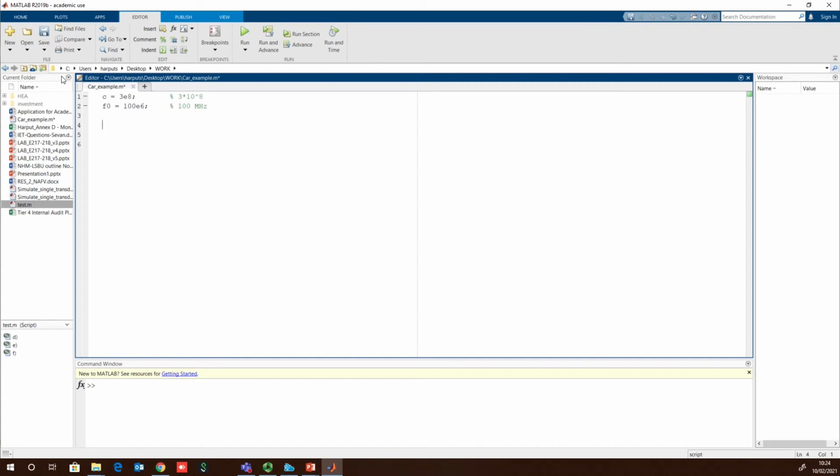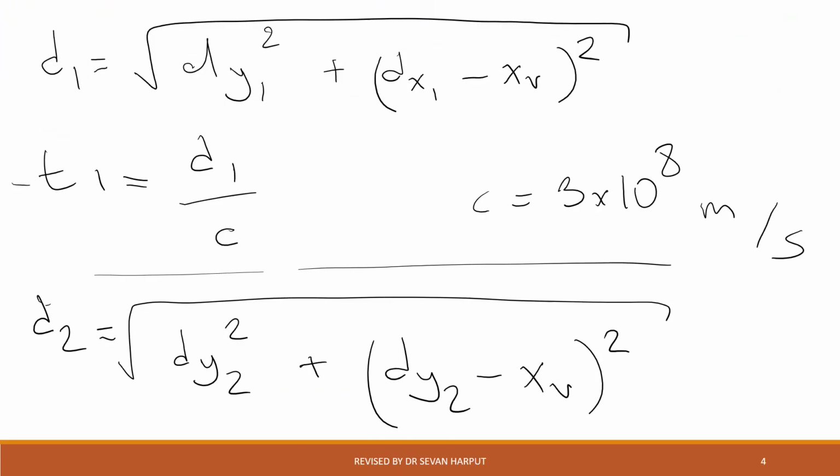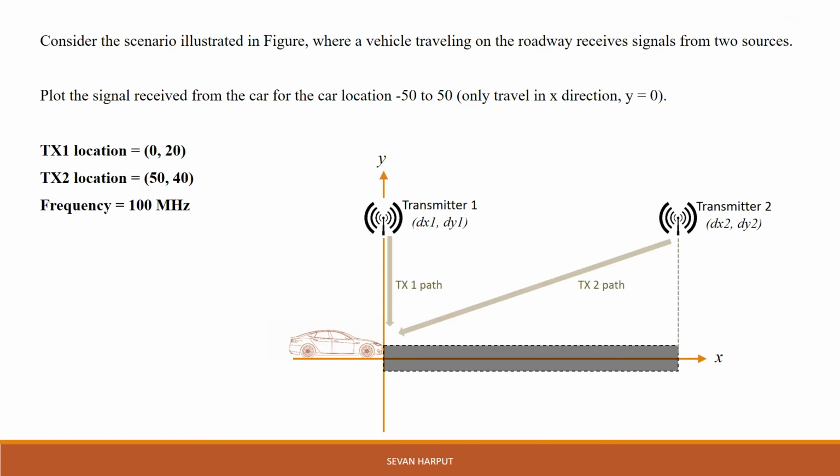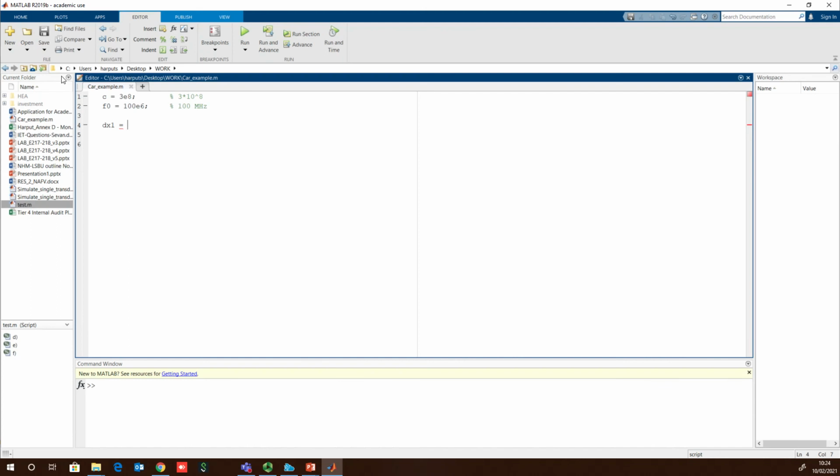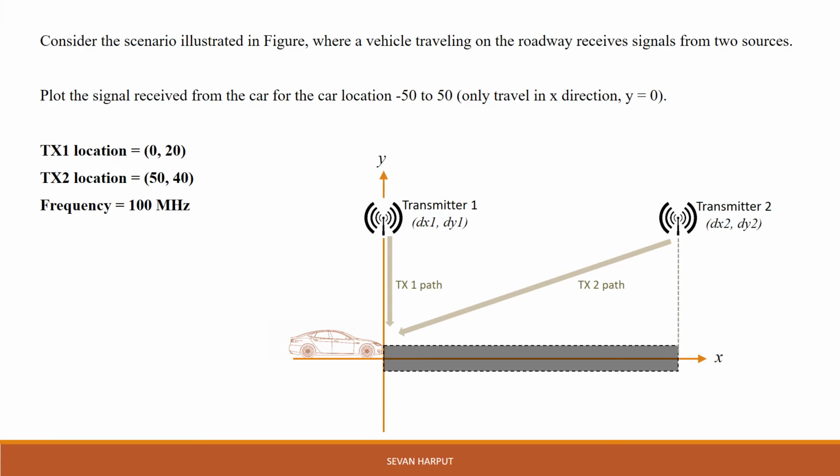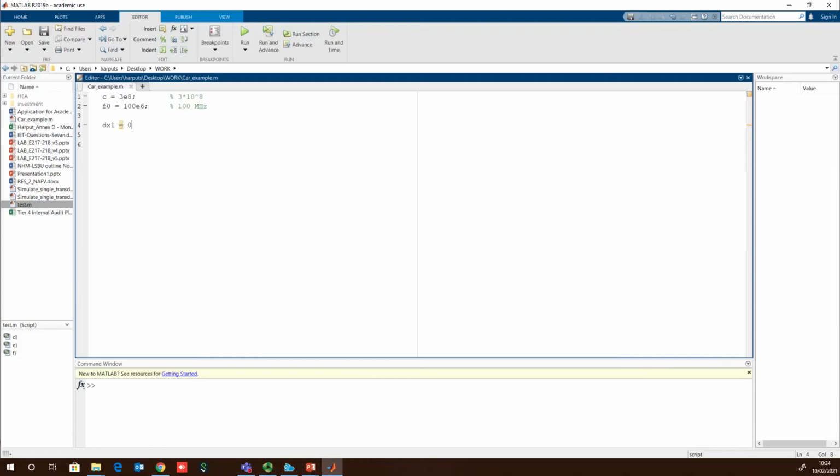And now we're going to look at the locations of the transmitters, transmitter 1 and transmitter 2. The location is given as 0 and 20 meters. So I'm going to define dx1 as 0. We're coming back again, as you can see, it's written as dx1 here, dx1, 0.